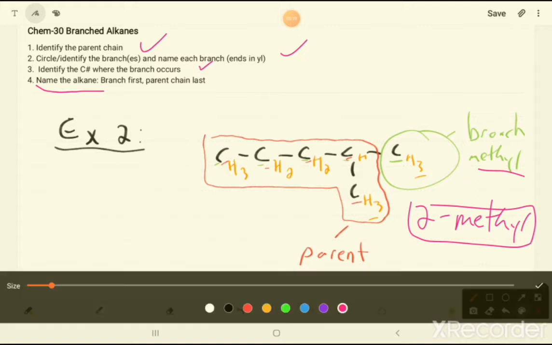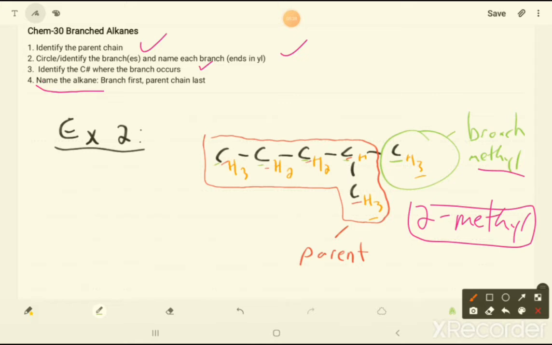So finally, the final name for step 4 is going to be 2-methyl. And then if this is the parent chain, the one outlined in red, and it has 1, 2, 3, 4, 5 carbons, then it'll be 2-methylpentane.